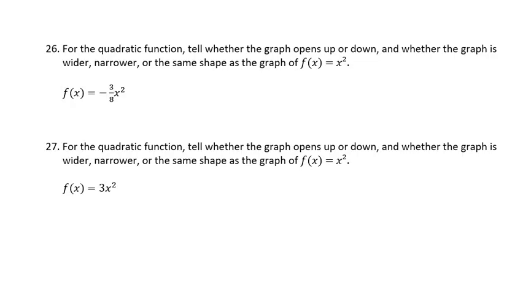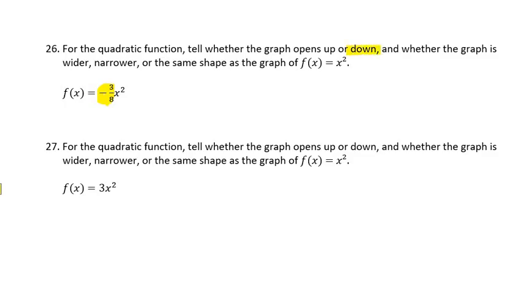The next two problems say, for the quadratic function, tell whether the graph opens up or down and whether the graph is wider, narrower, or the same shape as the graph of f of x equals x squared. Problem 26, I have a negative leading coefficient, so that means my graph is going to open down.